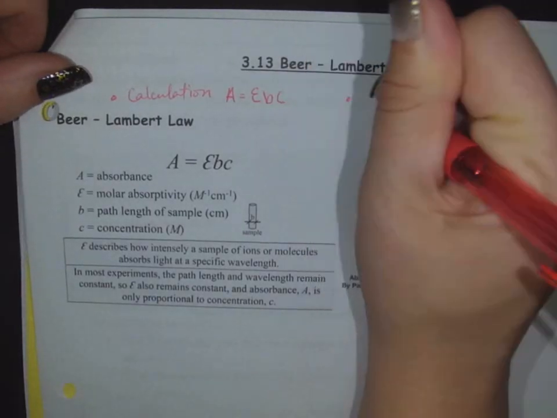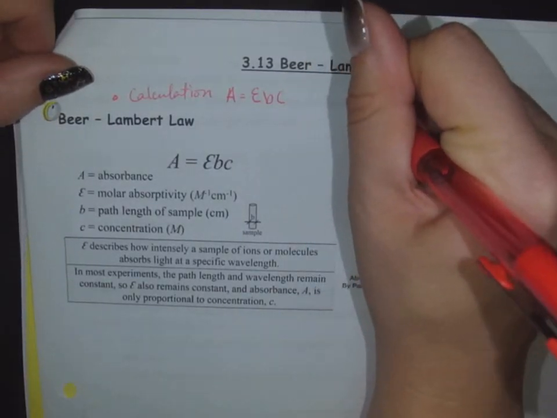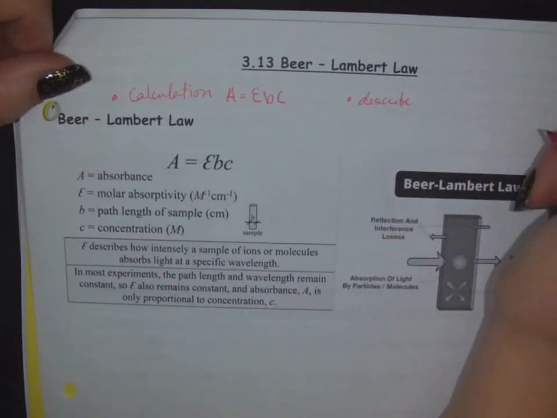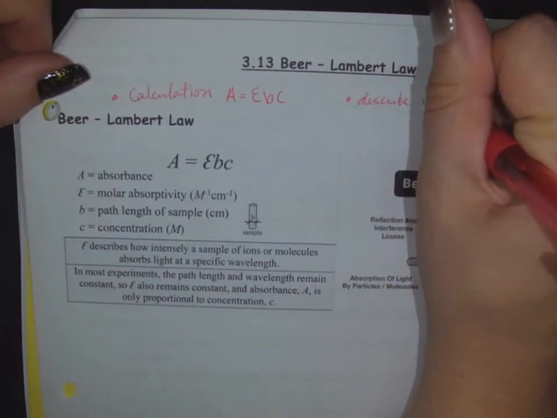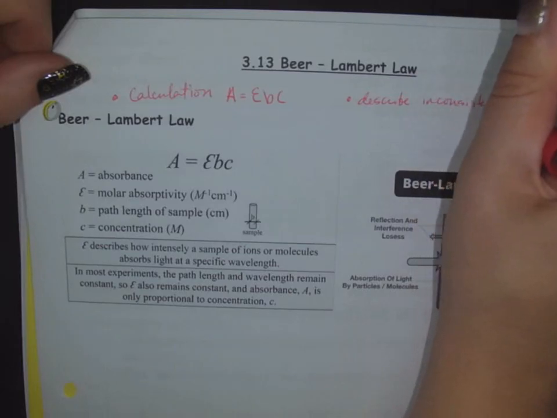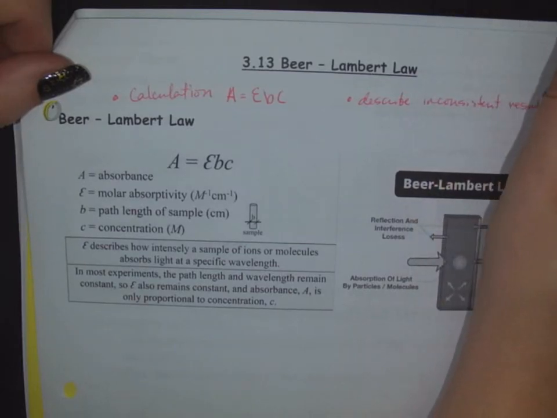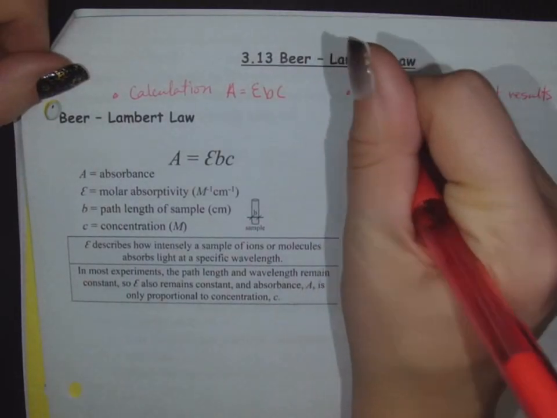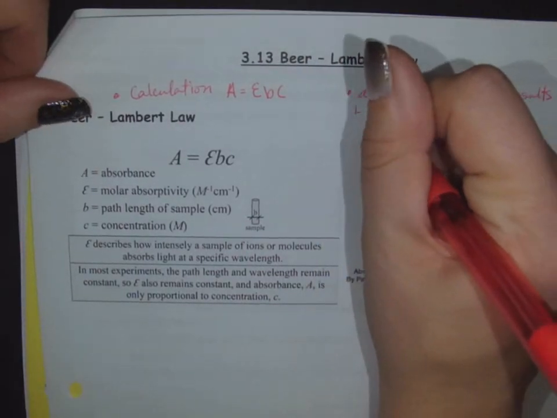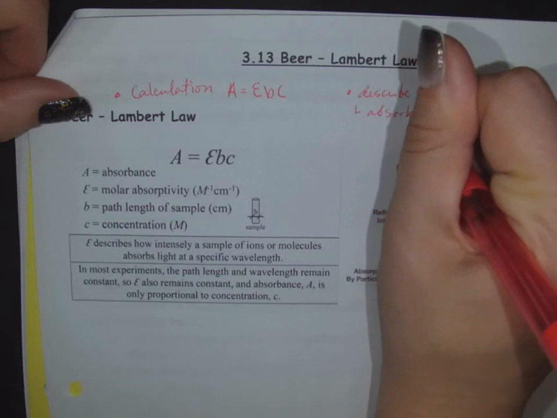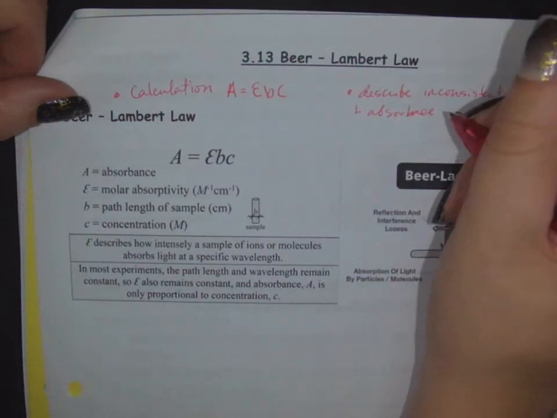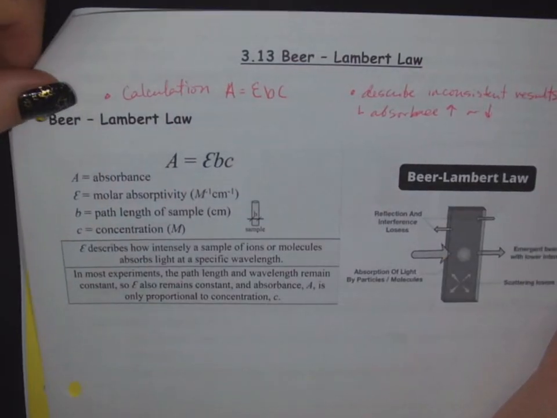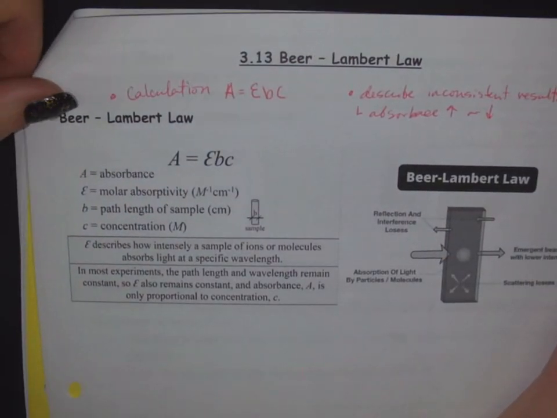So describe inconsistent results, and this would usually be that the absorbance is either too high or too low, higher than expected or lower than expected. We have to be able to describe why.